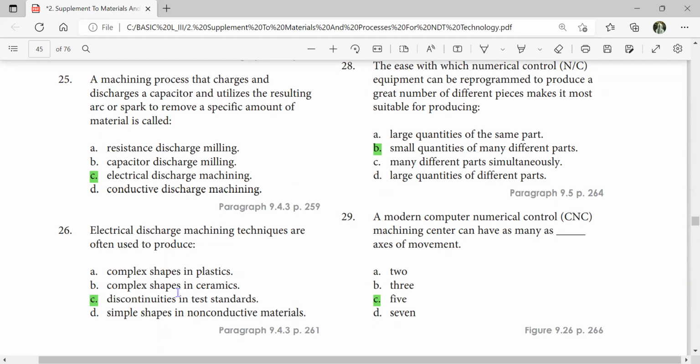Electrical discharge machining techniques are often used to produce discontinuities in the test standard. A modern computer numerical control machining center can have as many as 5 axes of movement.